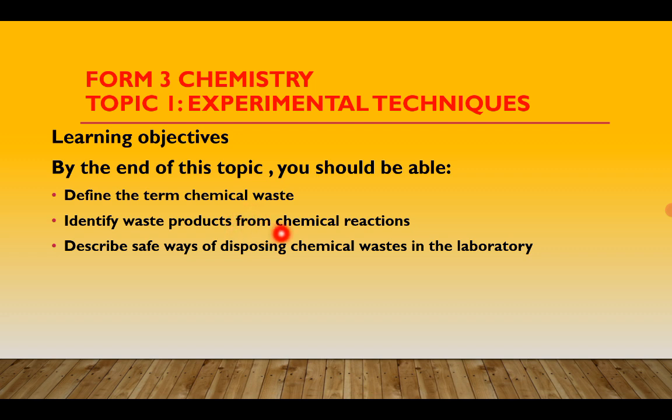Sometimes wastes can include chemicals that are expired. Once chemicals are expired, they become unusable. Therefore, they are to be considered as chemical wastes. So what is the safe way to dispose of them?